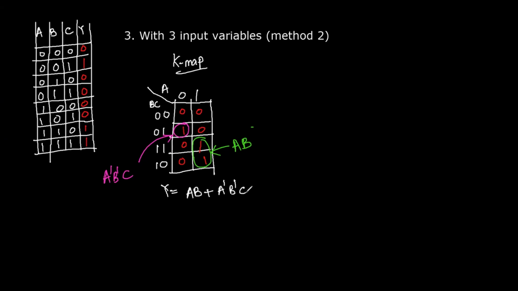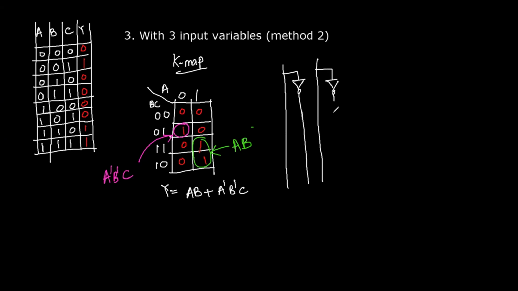So how do we come up with a combinational logic circuit for this particular instance? Just like before, we have to come up with our three input variables, which are A, B, and C. We have A, B, and C, and we also have the complement of each.